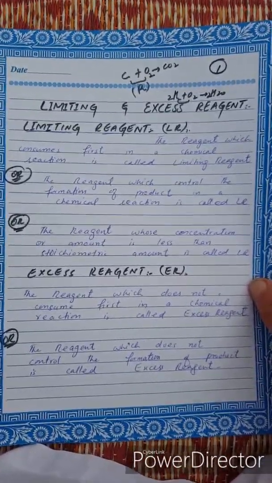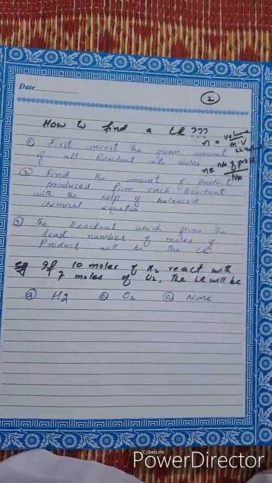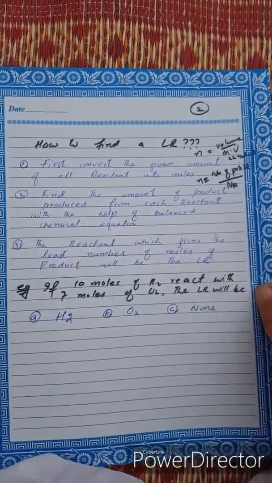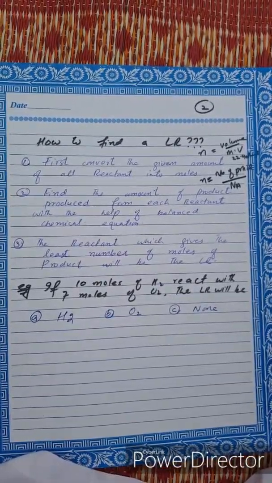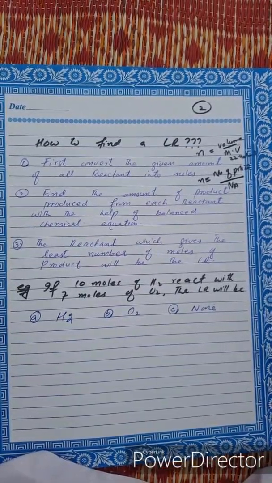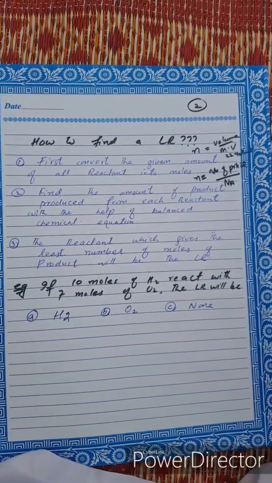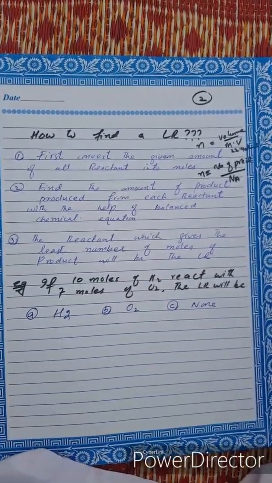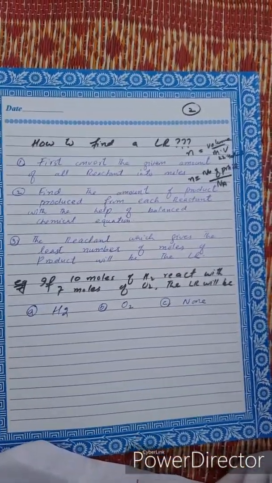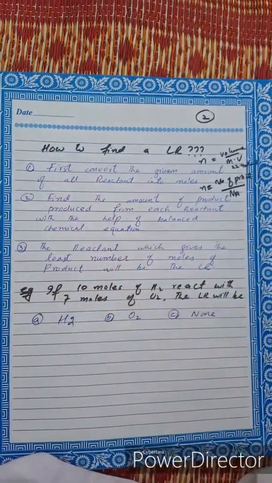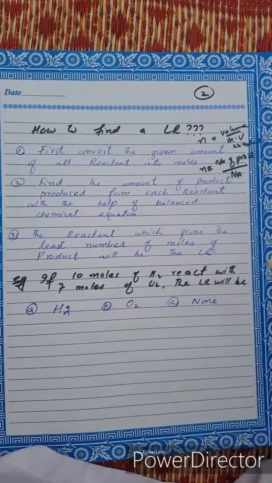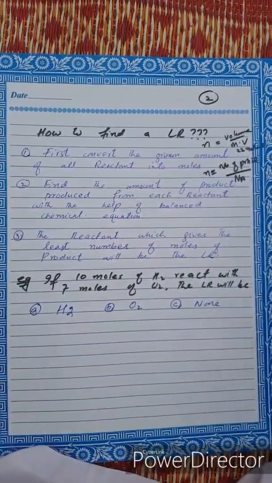Now let's talk about how to find the limiting reagent. Here are certain steps for that. The first thing, we have to convert the given amount of each reactant into moles.